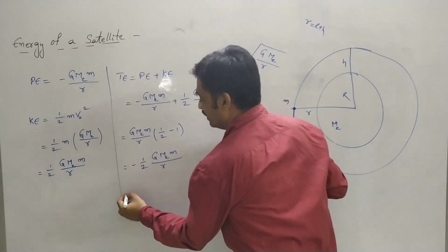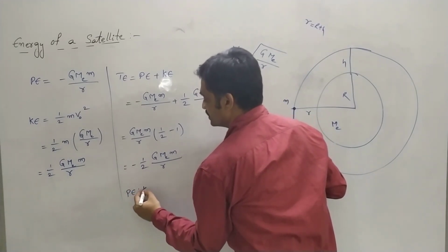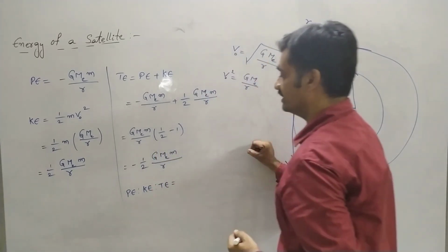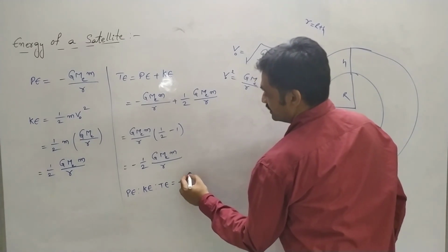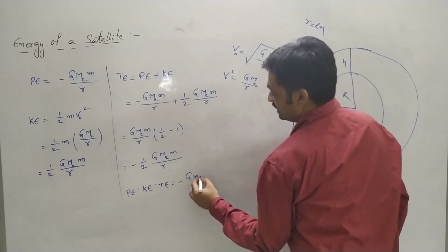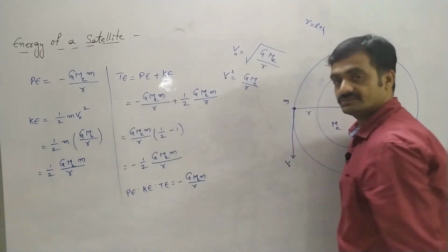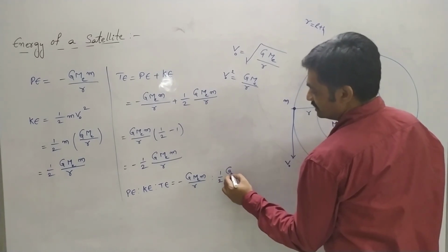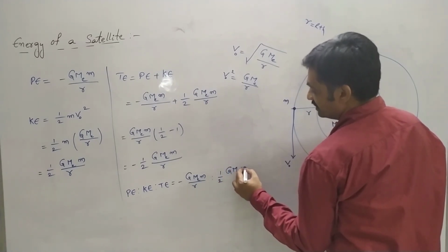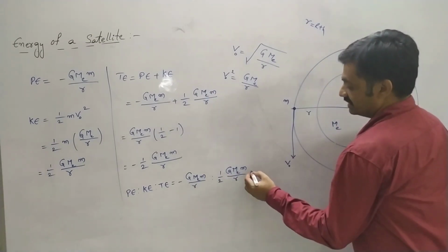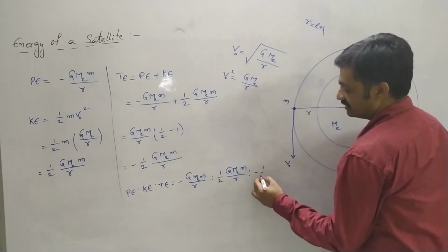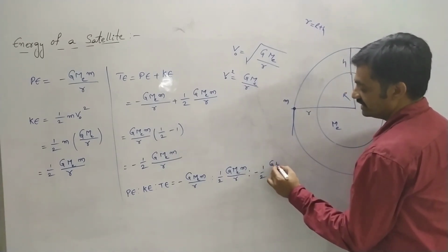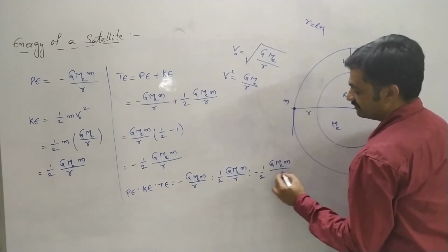The ratio of potential energy to kinetic energy to total energy is given as minus G M_e m by r is to 1 by 2 G M_e m by r is to minus 1 by 2 G M_e m by r.